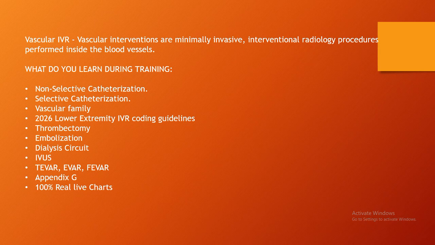Next you will learn dialysis circuits: what is the difference between AV grafts and AV fistulas, and how to code dialysis circuits using the 36901 to 36909 series. These dialysis circuit procedures are very important in IVR coding. Next, IVUS, which means intravascular ultrasound. During the procedure, the physician will use intravascular ultrasound also.